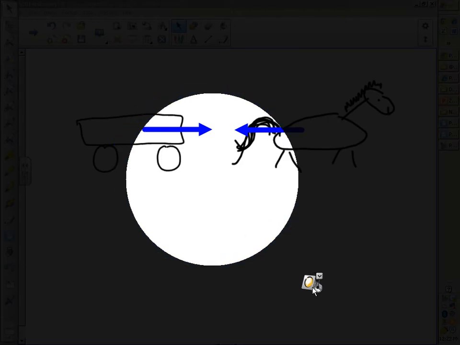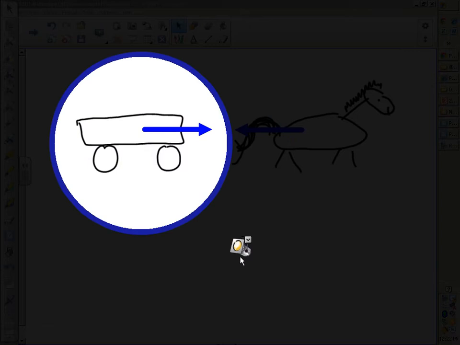All right. So, right now, I'm just showing you the wagon. And if we look at the picture of the wagon as I've drawn it, how many forces is that wagon experiencing in my picture? One. Well, in my picture.